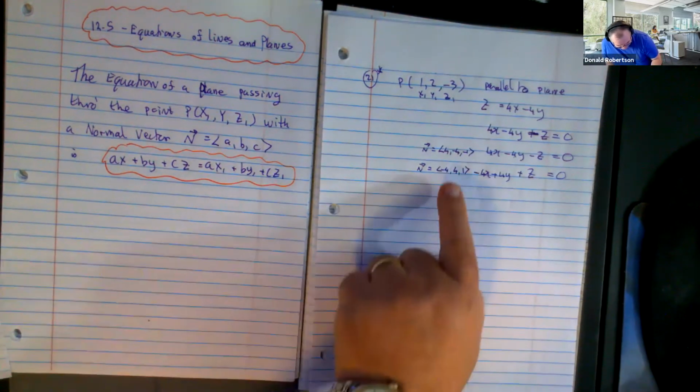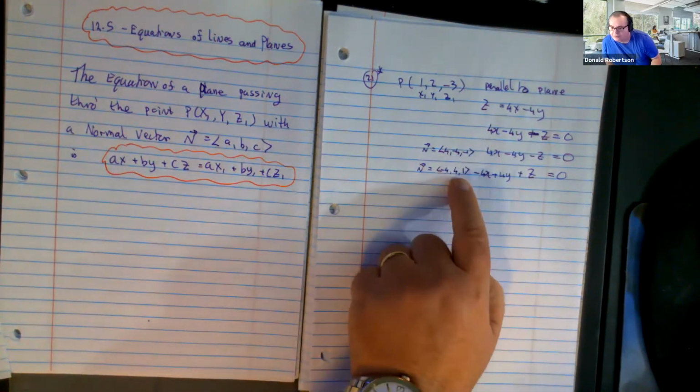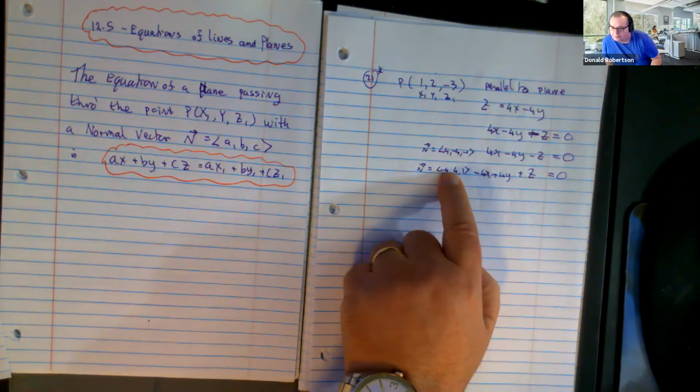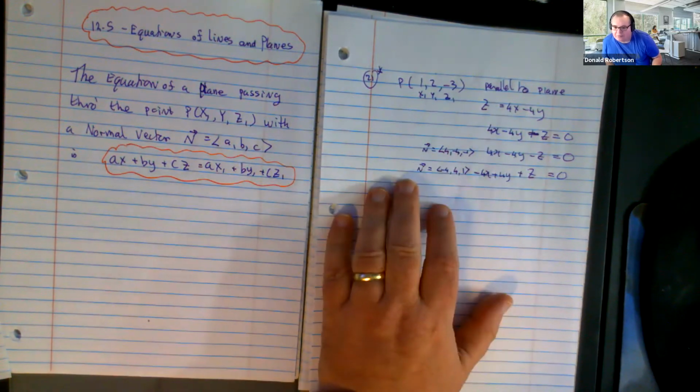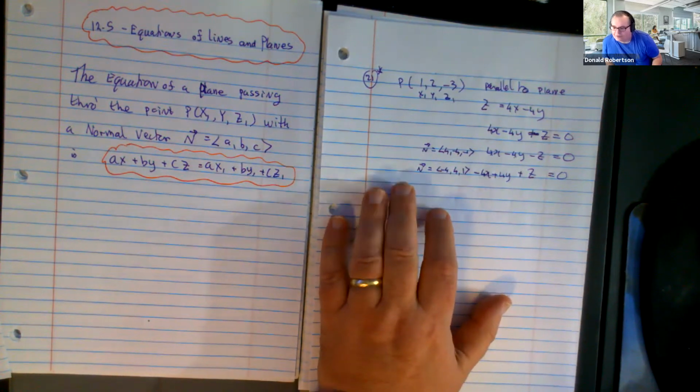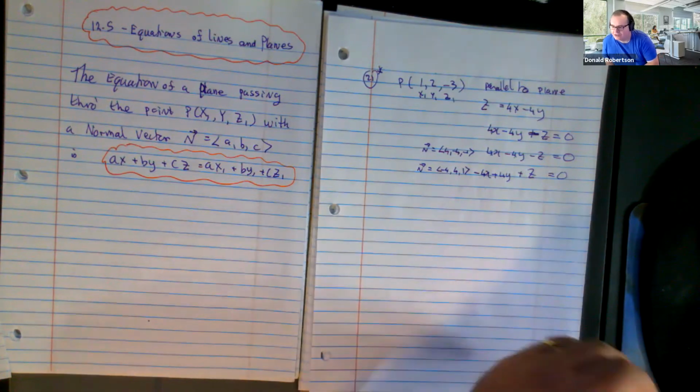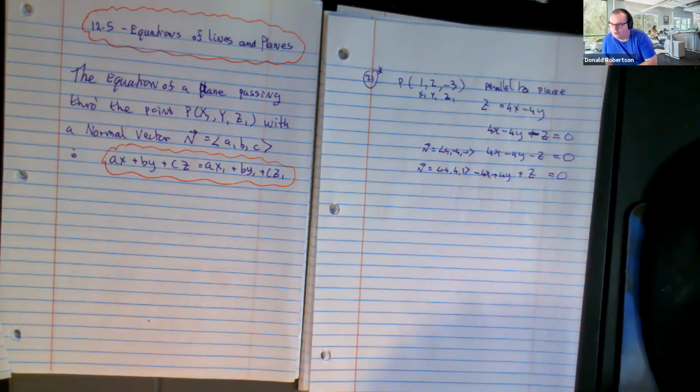If I use this one, won't the equation look different than if I use this one? So you have to be aware that there are many different versions of the right answer to the equation of a plane. And we just keep our fingers crossed and hope that WebAssign has them all stored. So you don't put the right answer in and it just says you're wrong because it's not one of the 5 it's got, right? You found a 6th one that they haven't thought of.